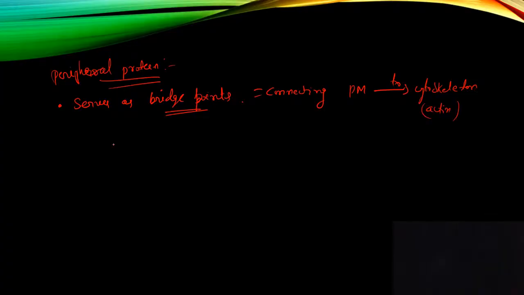We can take the example of actin filament. And the second one is they are also involved in cell signaling. Cell signaling means they act as signal transducers.